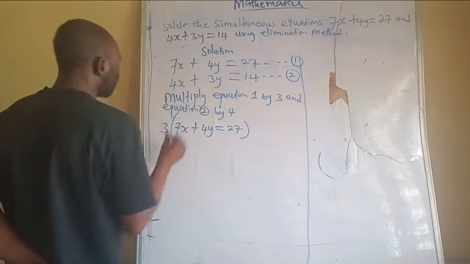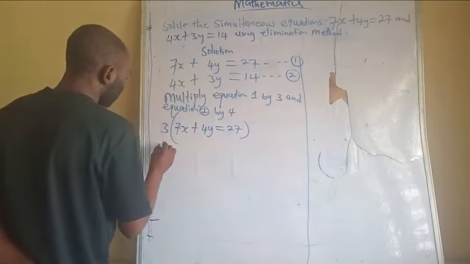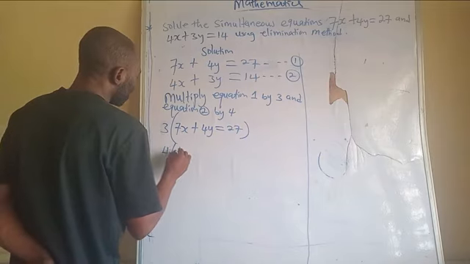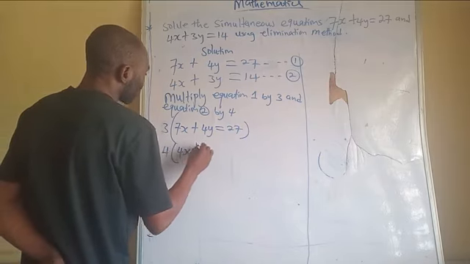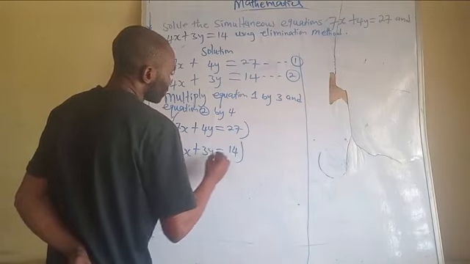Then equation 2, I will multiply it with 4: 4 bracket open 4x plus 3y is equal to 14.